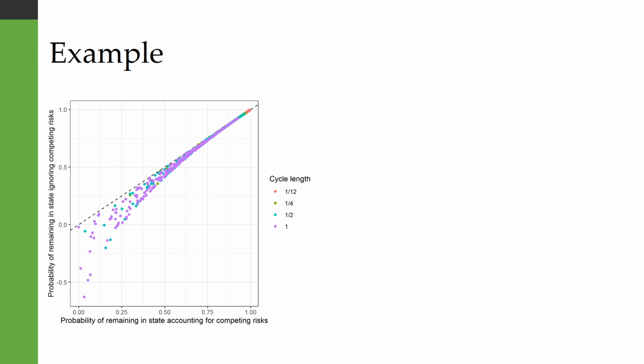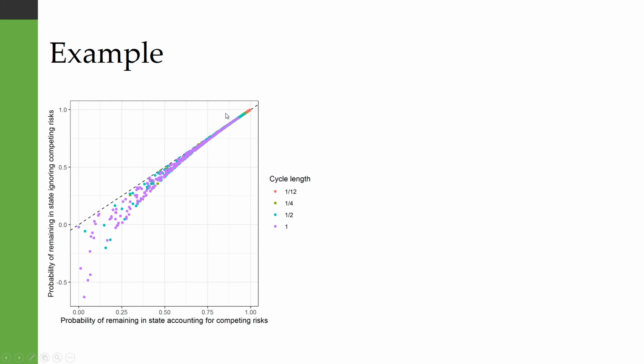One of the first things that you should see is that we can end up calculating a negative probability if we use the wrong method, whereas if we use the correct method, we'll always have a probability between 0 and 1. But what you should notice is that these two methods, so long as the probability of remaining in the state is close to 1, give pretty much identical results.